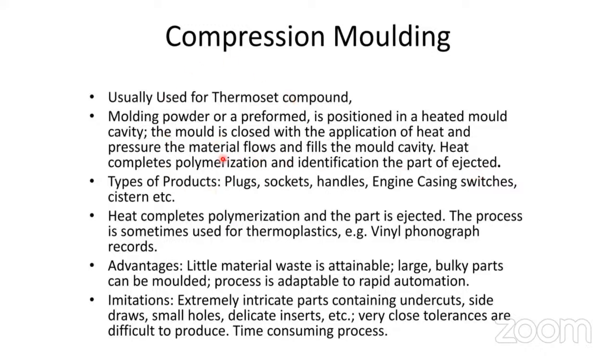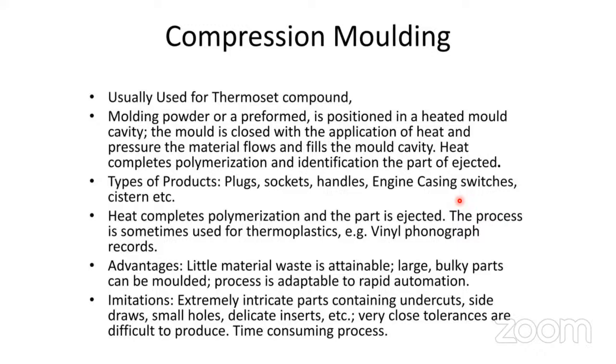Now, what type of products can be manufactured with the compression molding process? Plugs, sockets, handles, engine casing, switches. There are many things, friend. Buttons, you know, if you see the old switches in the railway, those are also manufactured using compression molding. Heat completes polymerization.